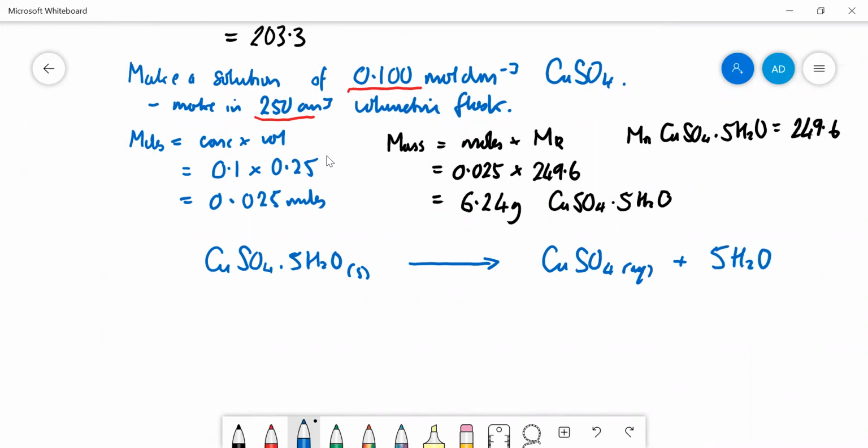Now, some people get a bit confused about these water molecules. You've got 5 water molecules per copper sulfate. This amount of water is quite trivial compared to all the other water that you've added to make the solution.